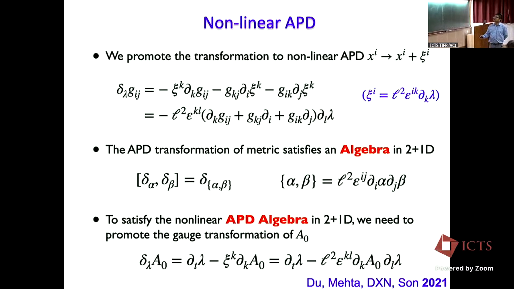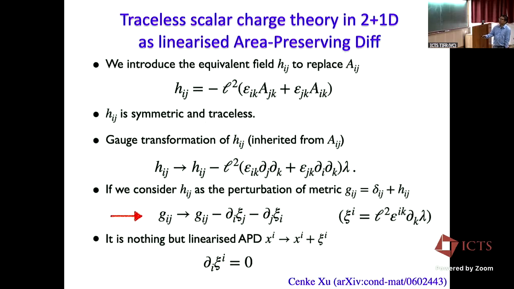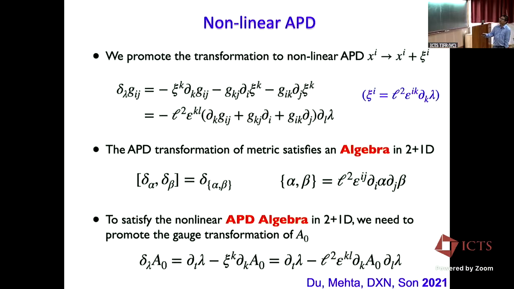And this transformation of the metric satisfies the area-preserving algebra in 2+1 dimensions. In the linear case, you're saying that A is small, and then I ignore terms like A multiplied by C and so on. But this is the full nonlinear transformation if you do the area-preserving diffeomorphism in GR, the same form.